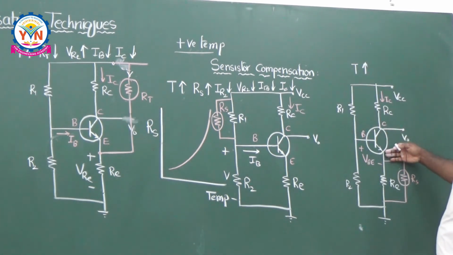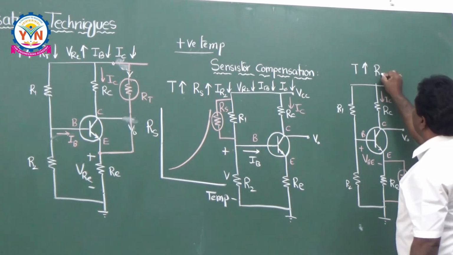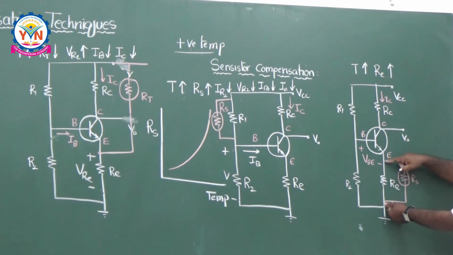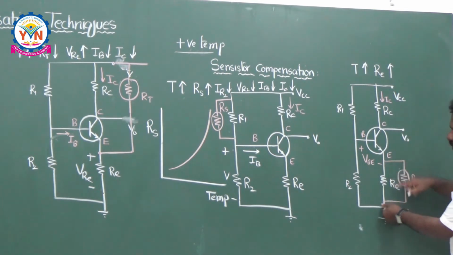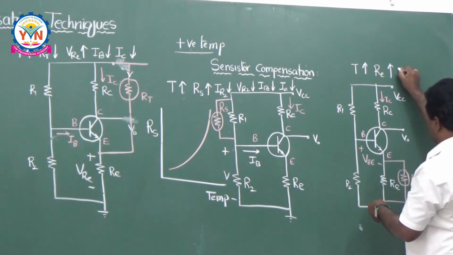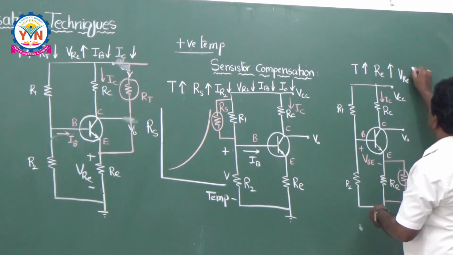The increase in IC can be compensated by using a sensistor across this RE. So RE increases. If RE increases, the voltage across it also increases. So the biasing voltage increases. You can say that VRE increases.